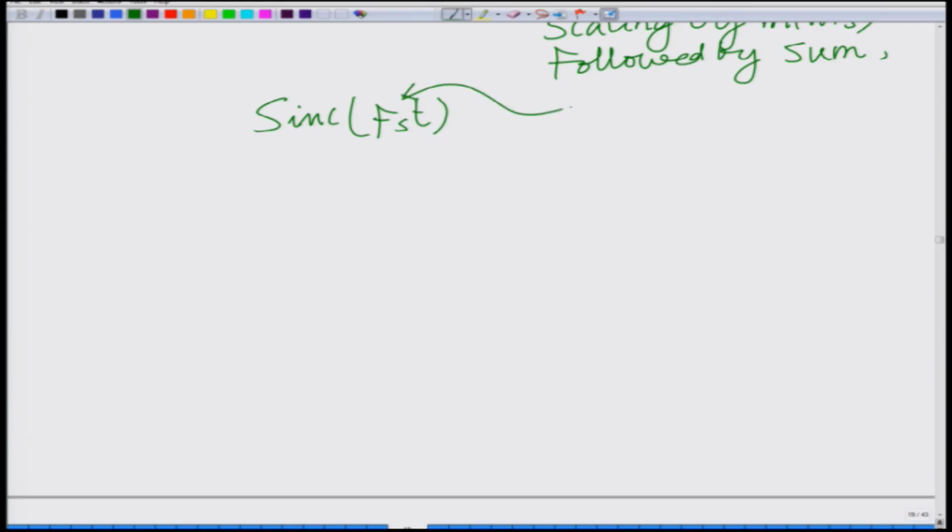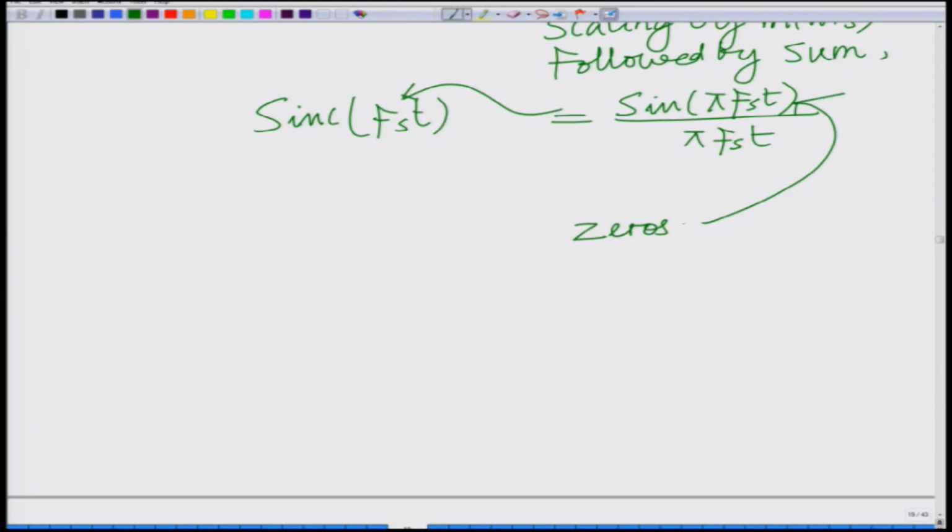And remember, sinc of Fst is equal to basically sine of pi Fst divided by pi Fst. So, the zeros of this are at integer multiples, that is at k times Ts.